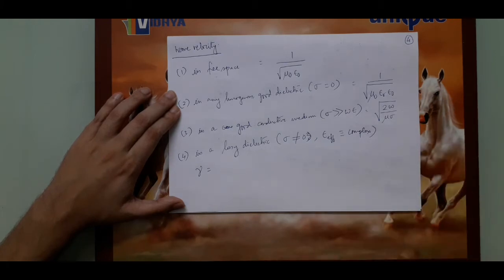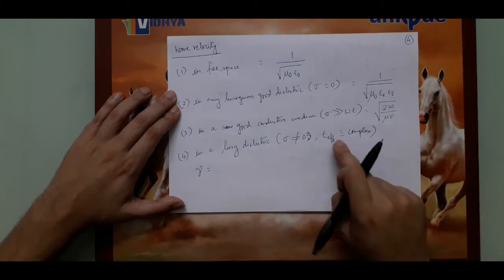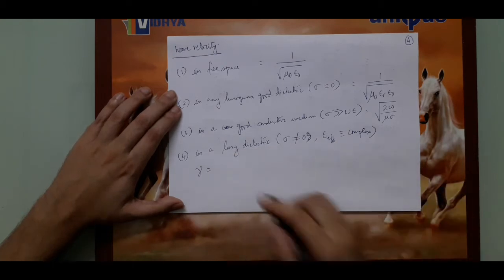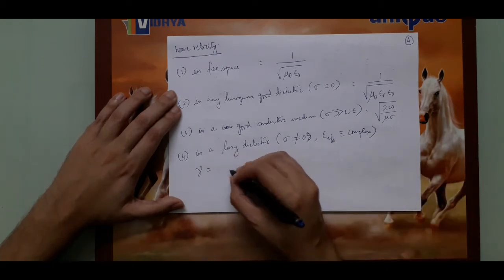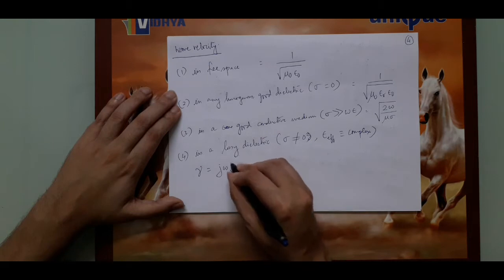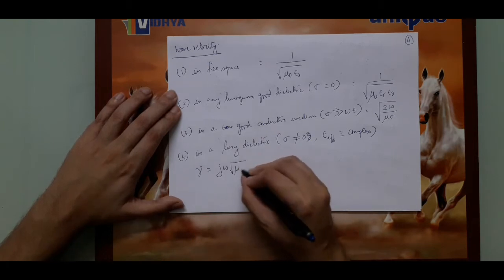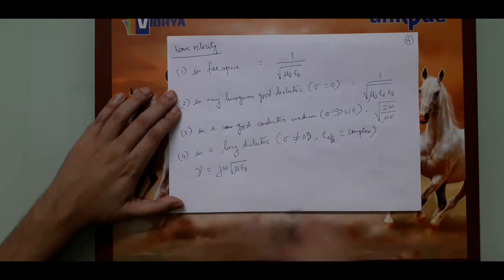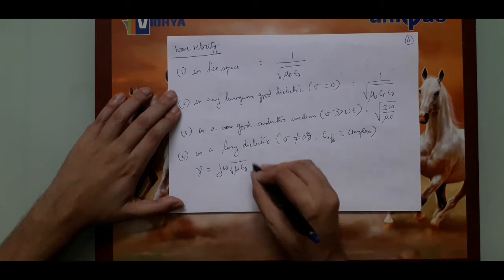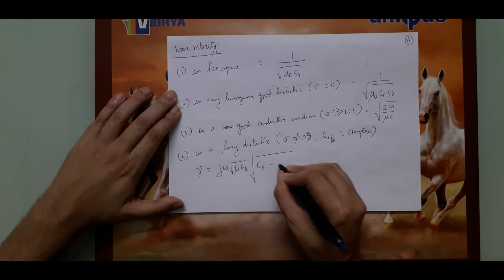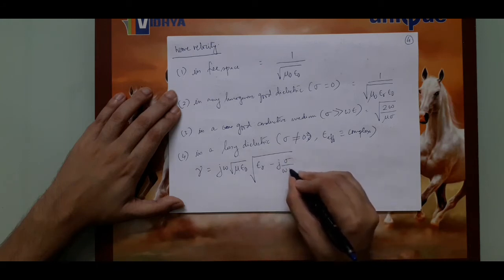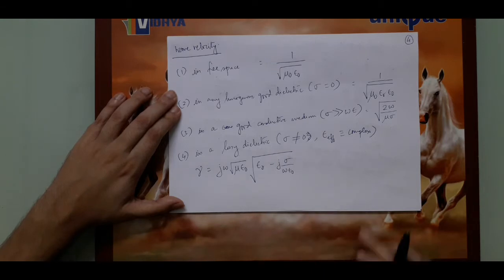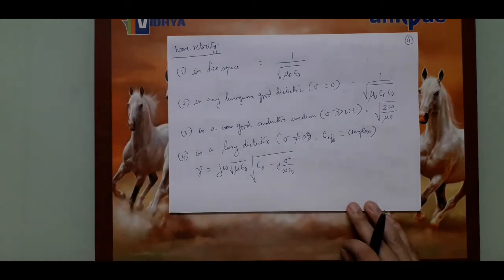Because more than the conductivity, it is the epsilon which defines a dielectric. So the gamma, if you remember, was something of this kind: mu epsilon 0 times the root of the epsilon effective, and that was epsilon r minus j sigma divided by omega epsilon 0.